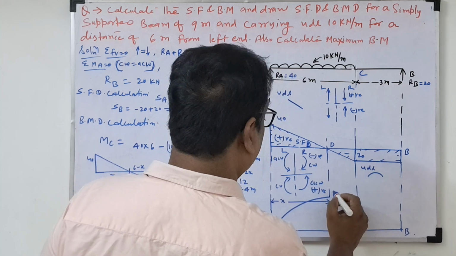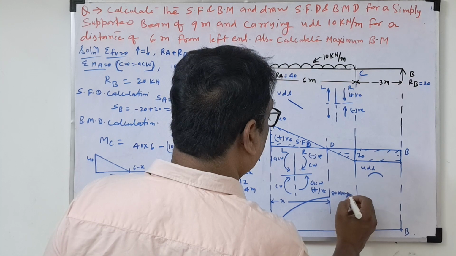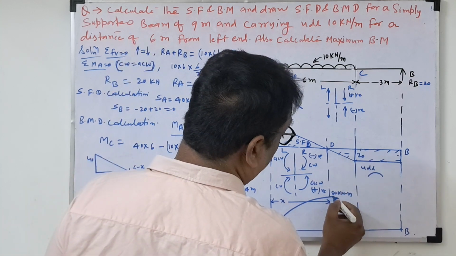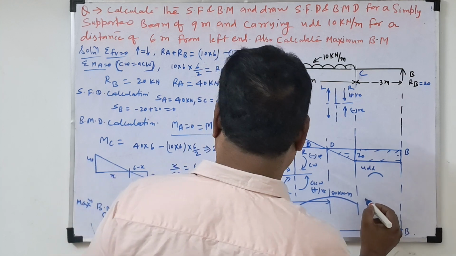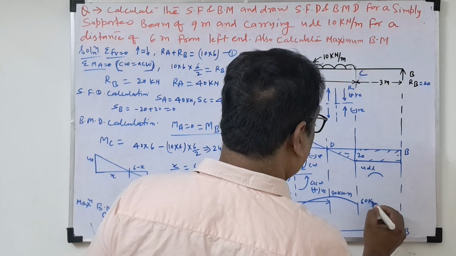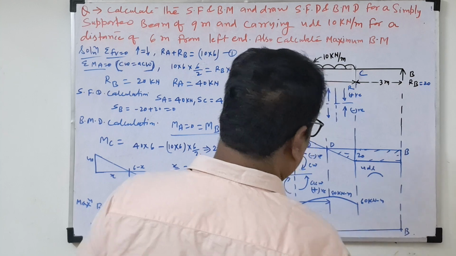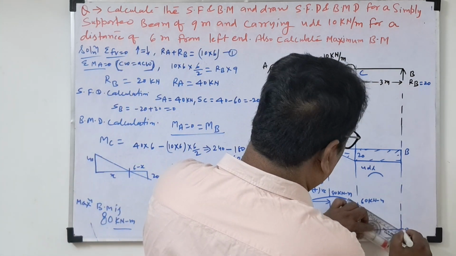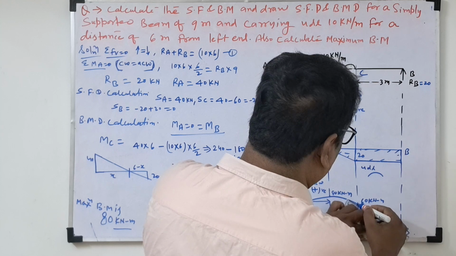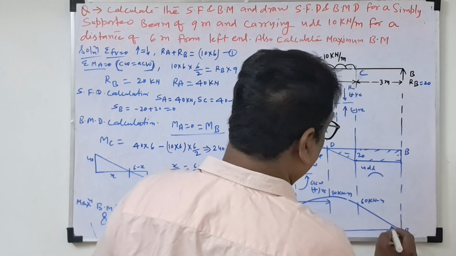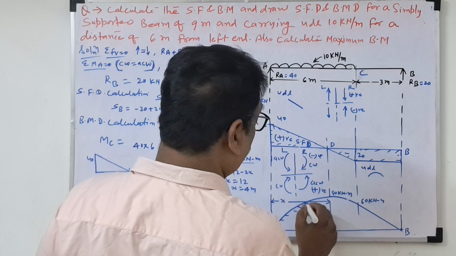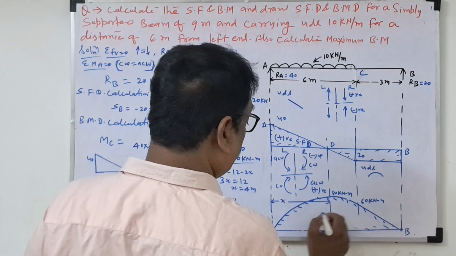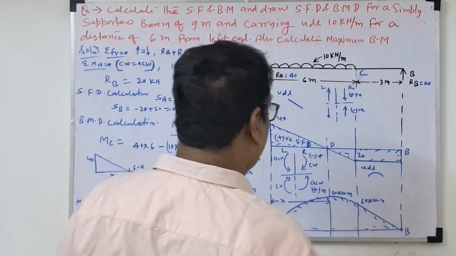This is nothing but 80 kilonewton meter. Here it will be a curve line only, but this is how much? 60 kilonewton meter. Here, because there is no load, you draw an inclined line. This is the bending moment diagram for this.